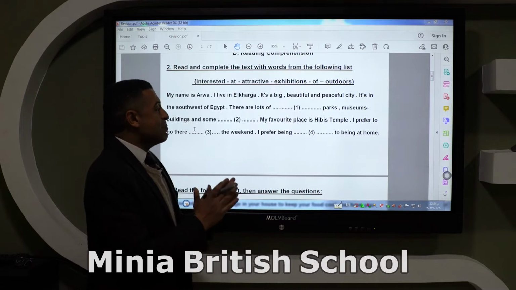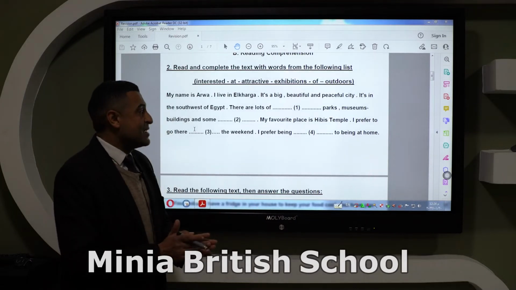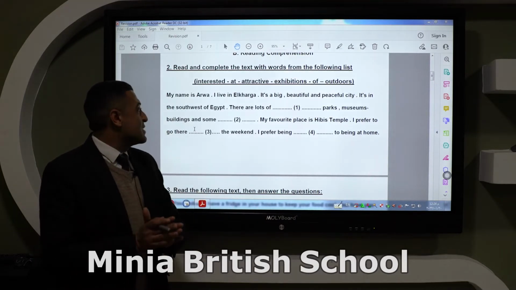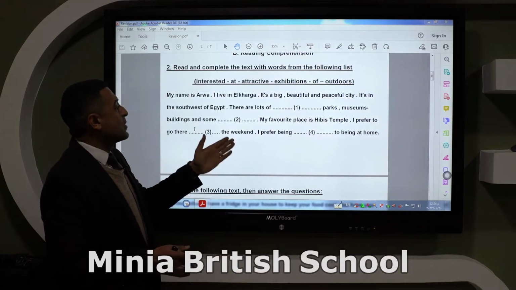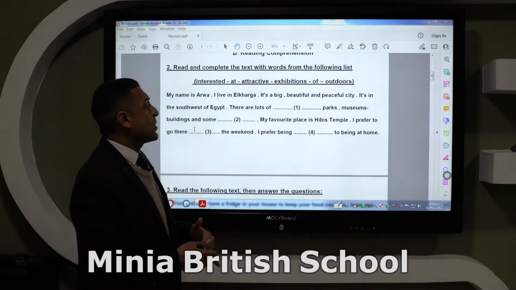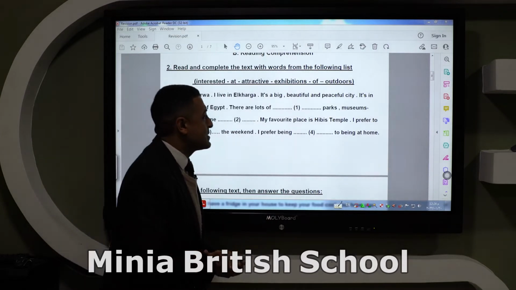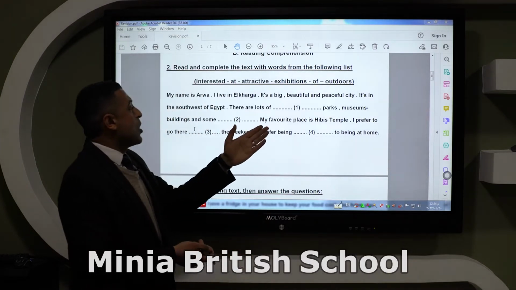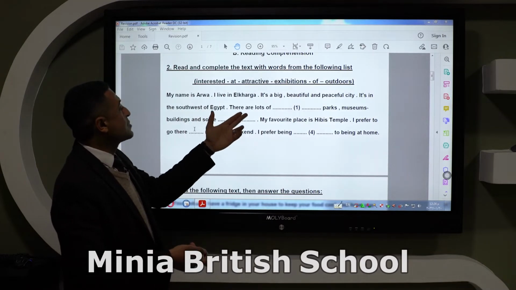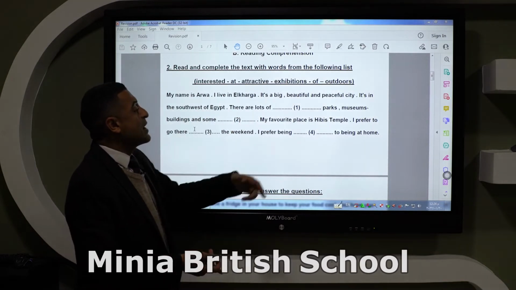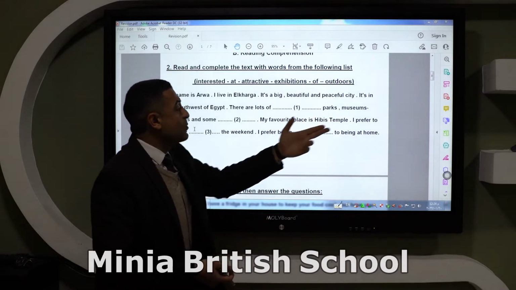It's a big, beautiful, and peaceful city. It's in the southwest of Egypt. There are lots of space parks, museums, buildings, and some space. Okay, so there are lots of space parks. So here I have some nouns.